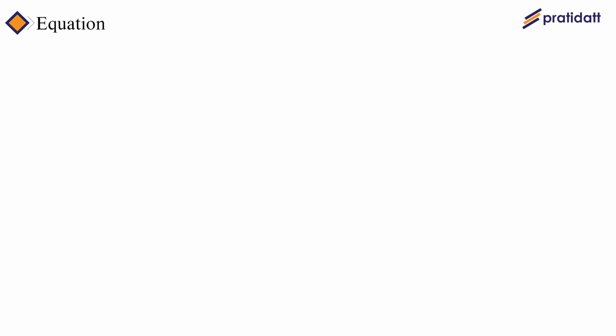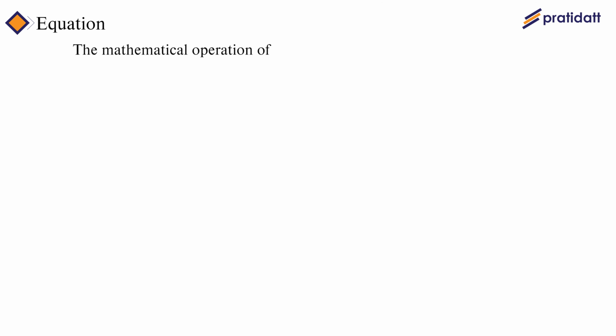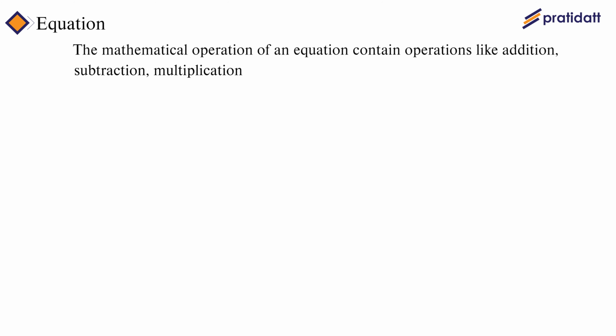Till now, we have seen 2 points. First, an expression of equality is called an equation, and second, two mathematical operations of the same output are required to make an equation. Now let's go ahead and make the topic more interesting. The mathematical operation of an equation contains operations like addition, subtraction, multiplication, or division.